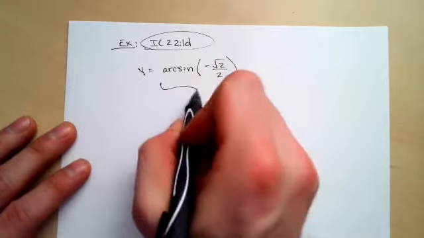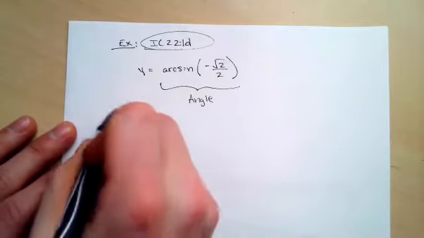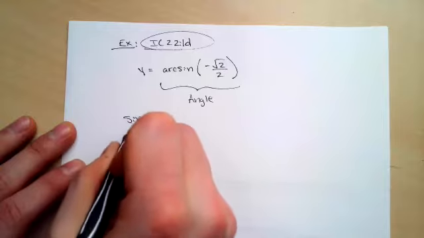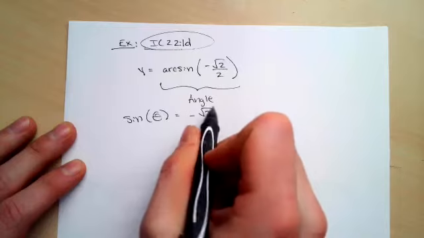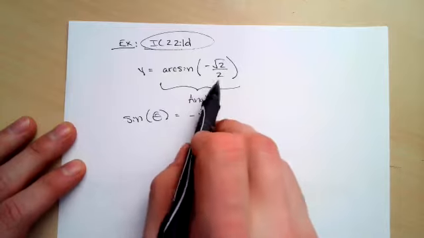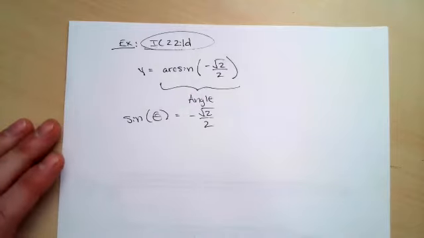So remember, the whole output is an angle. A different way of phrasing this is we need sine of theta equal to negative square root of 2 over 2. We're looking for an angle whose sine ratio is negative square root of 2 over 2.